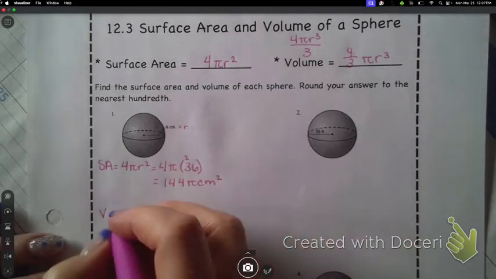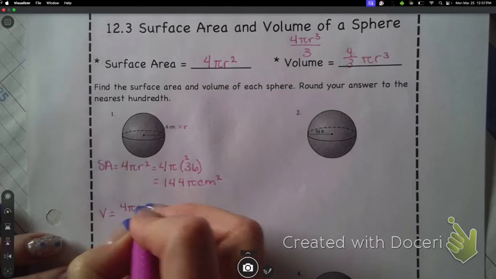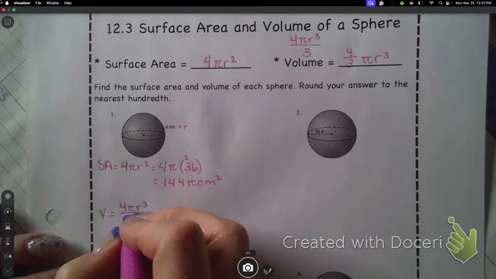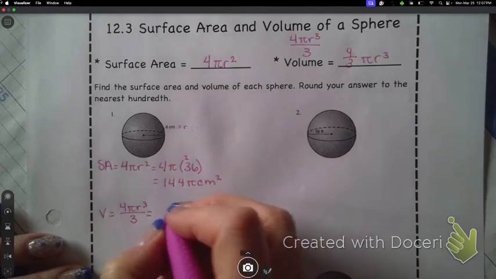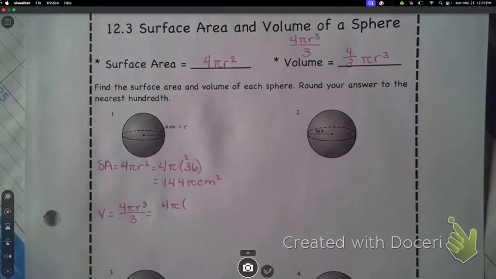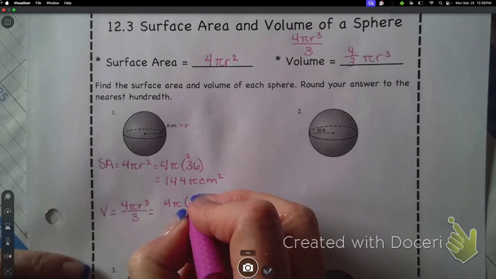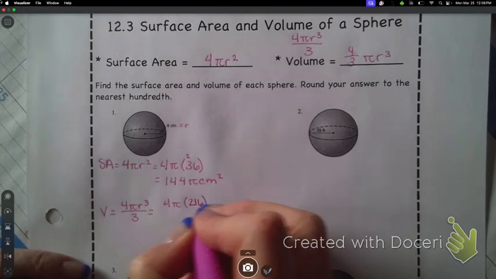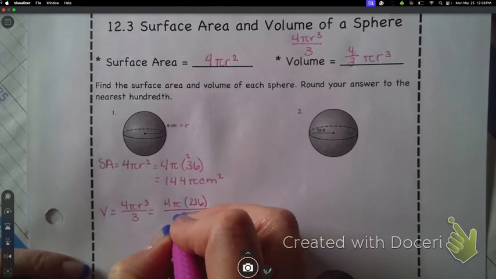Okay, volume. So volume is 4 pi r cubed over 3. So 4 pi, and what is 6 cubed? 36 times 6, right? So 6 carry, what? 216. Should you already know that? Yes. 216 all over 3.